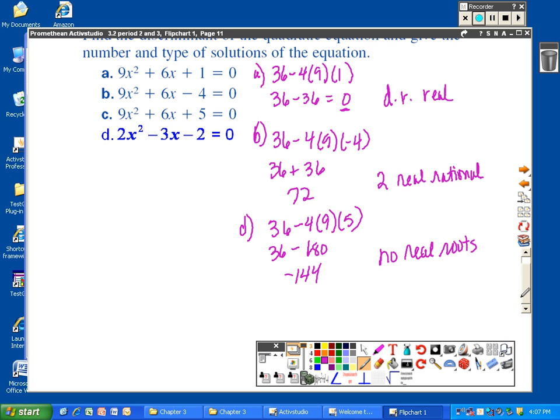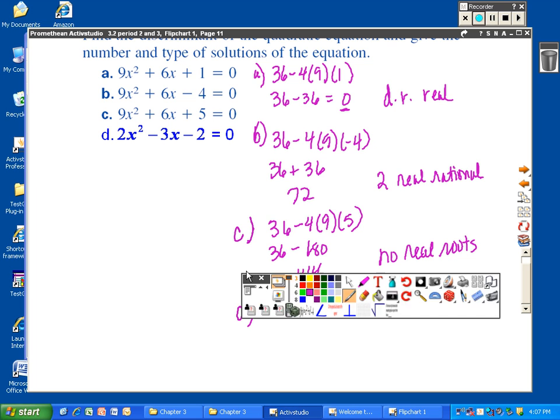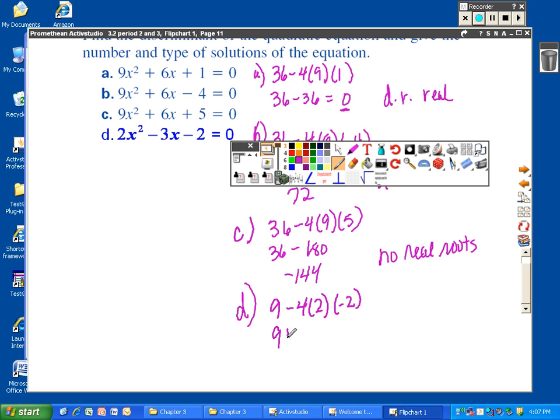And the last one. Negative 3 squared, 9 minus 4ac. 9 plus 16, 25. Perfect square. So I will have two real rational roots.